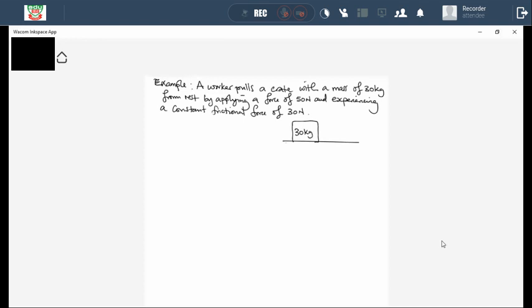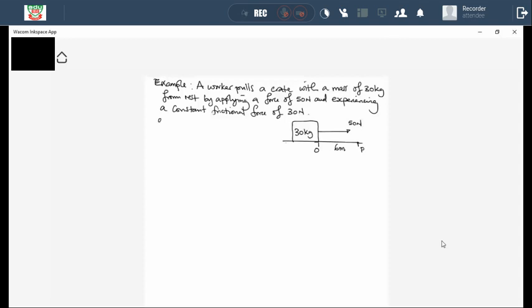It is pulled right by a force of 50 newtons, and it moved through a distance of 6 meters. And as it was moving, it experienced a constant frictional force of 30 newtons. So this is point O and this is point P.